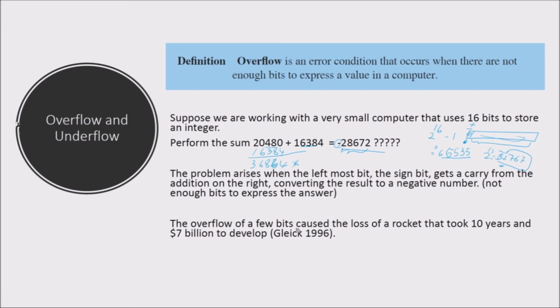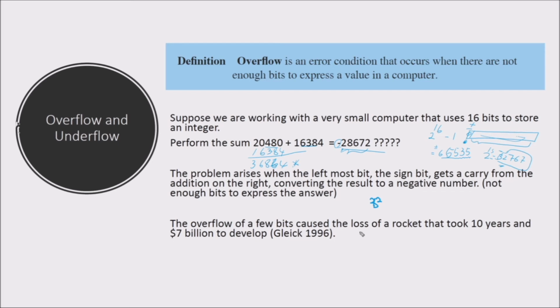The overflow bit caused the loss of a rocket that took 10 years to make and $7 billion to develop, in 1996. What happened was that they put parts with different register sizes in that hardware piece, but the software guy wrote the program for maybe 32-bit, maybe 16-bit, while you had 8-bit circuits.